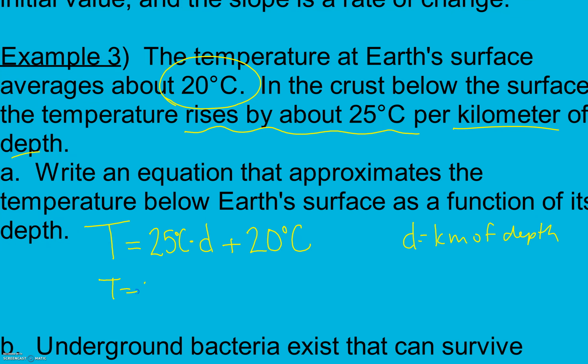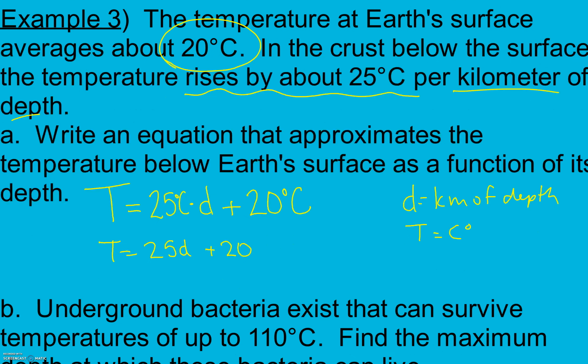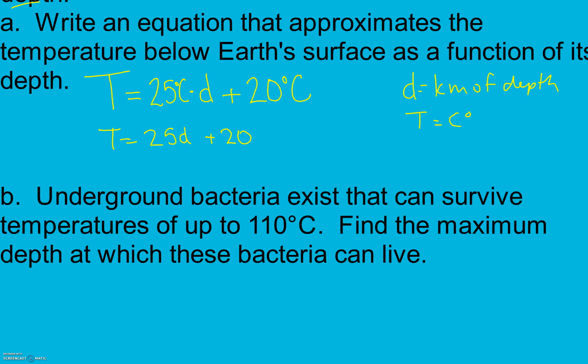So our temperature equals 25D plus 20. And T is in degrees Celsius. Underground bacteria exist that can survive temperatures of up to 110 degrees Celsius. Find the maximum depth at which these bacteria can live.